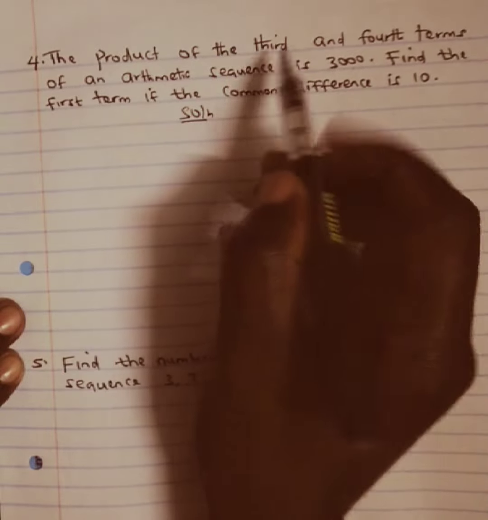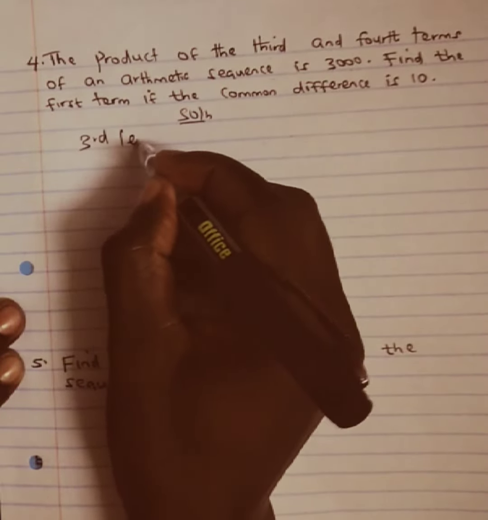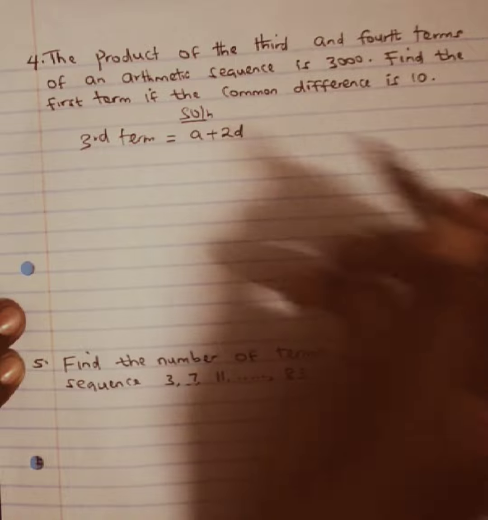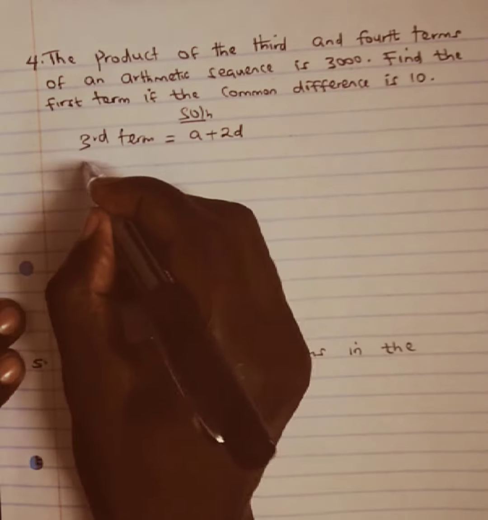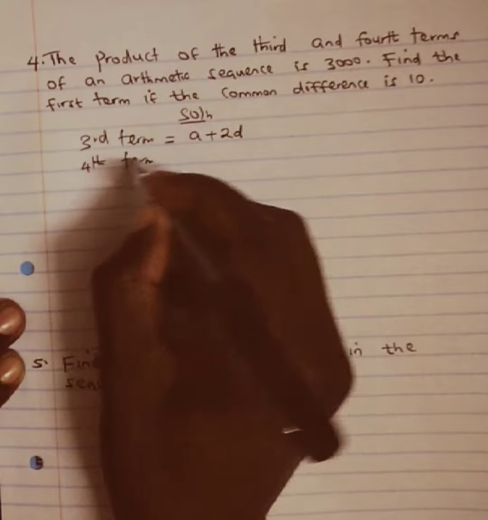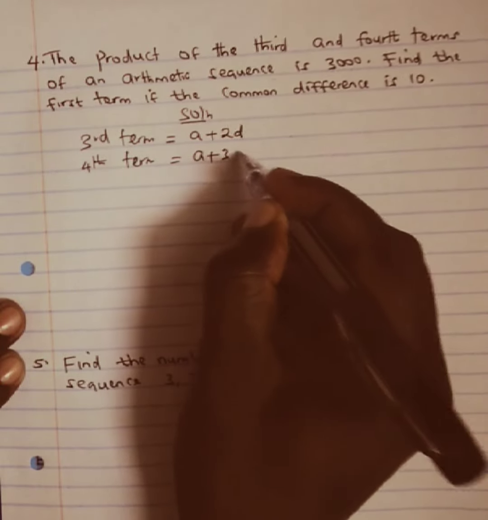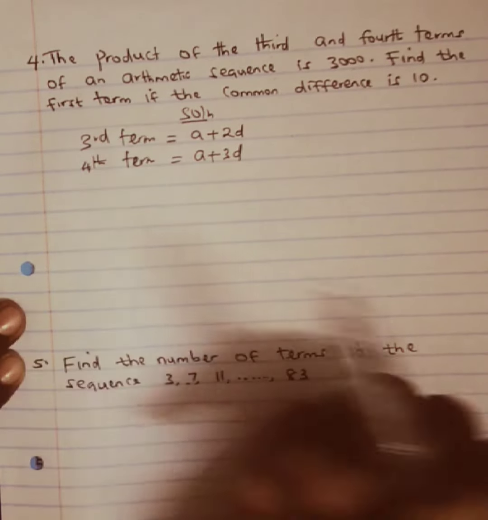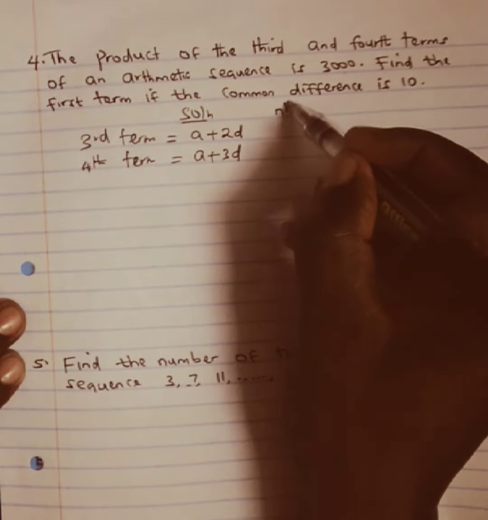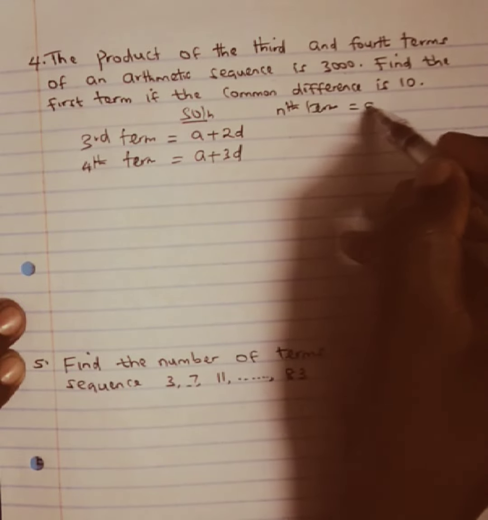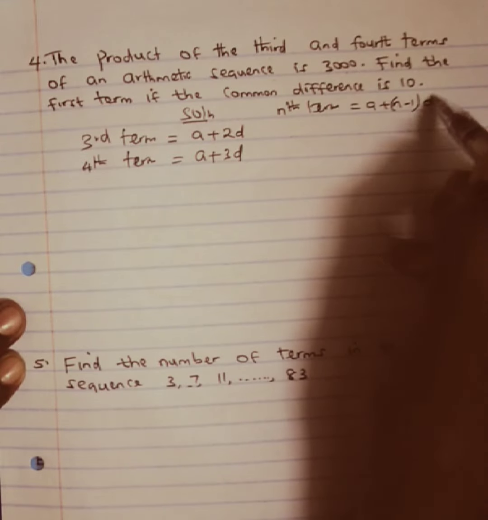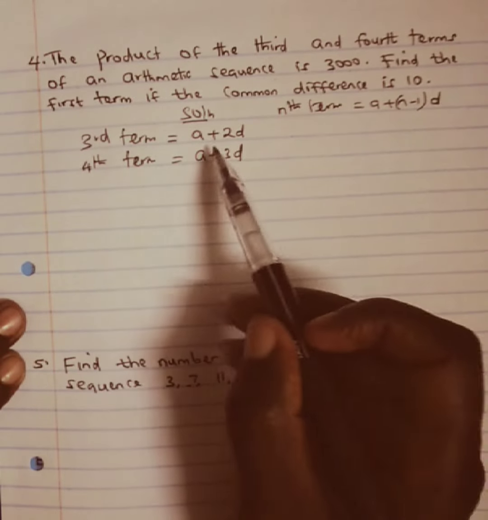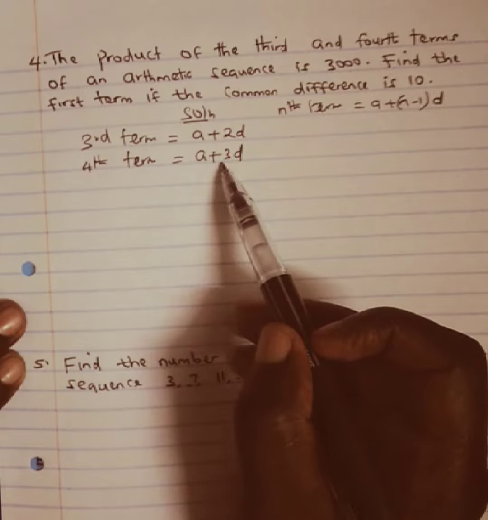that the third term is given as a plus 2d, and the fourth term is given as a plus 3d, because when we are talking about the fourth term, n is going to be 4, and if we use the formula of the nth term, which is a plus n minus 1, we multiply by d, we are going to get the third and the fourth term respectively as a plus 2d and a plus 3d.